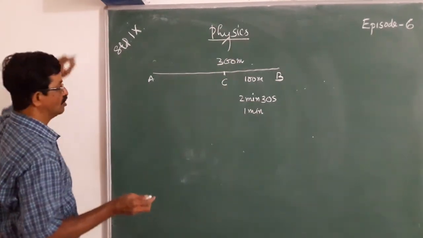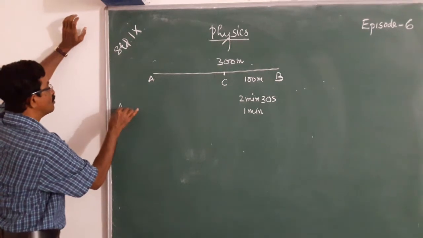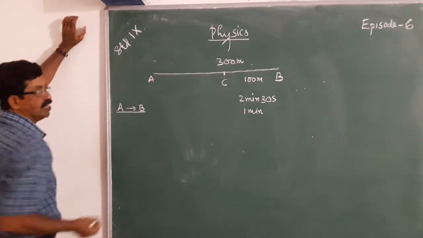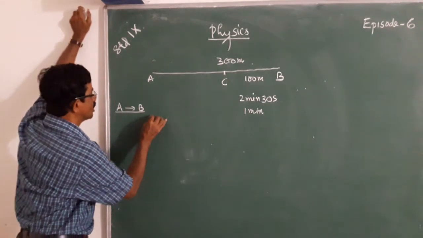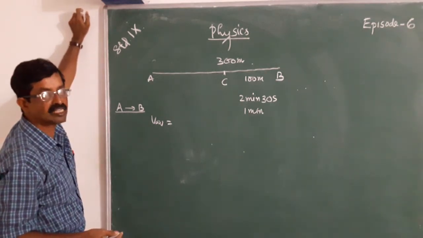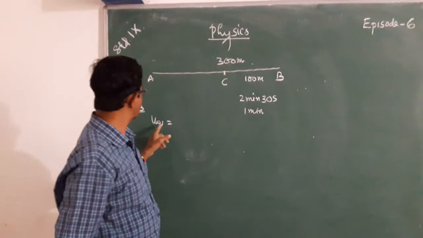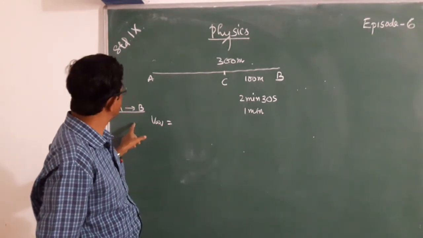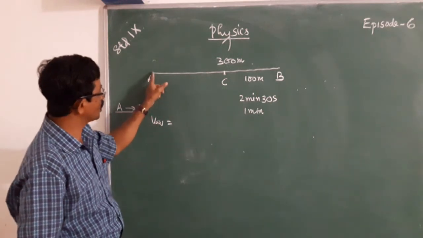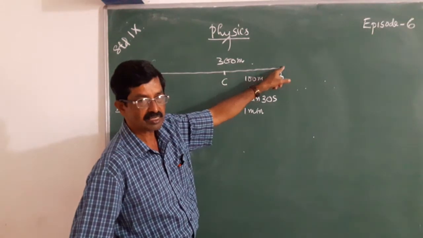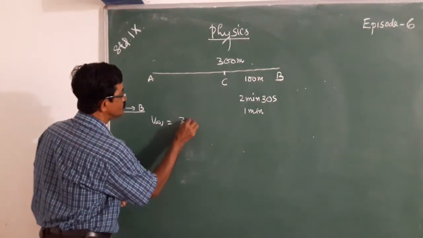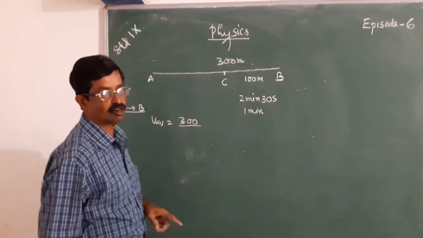First of all, we can find out the average speed from A to B. We know average speed, that is V average, is equal to total distance by total time. How much is the total distance here? 300 by total time.